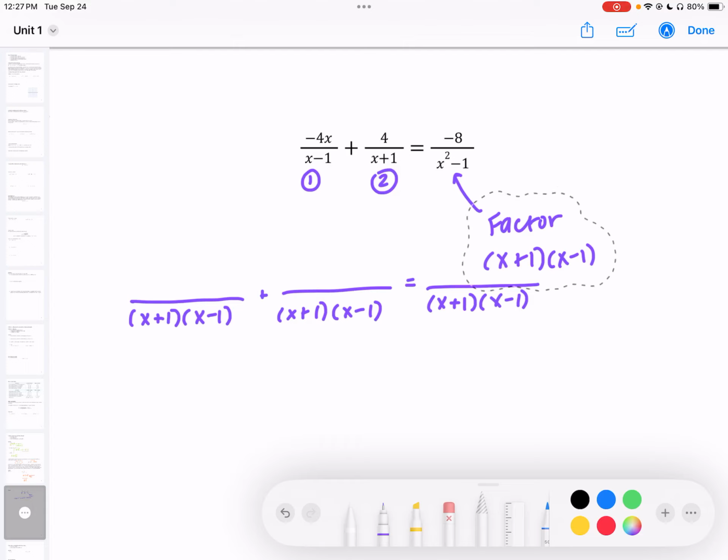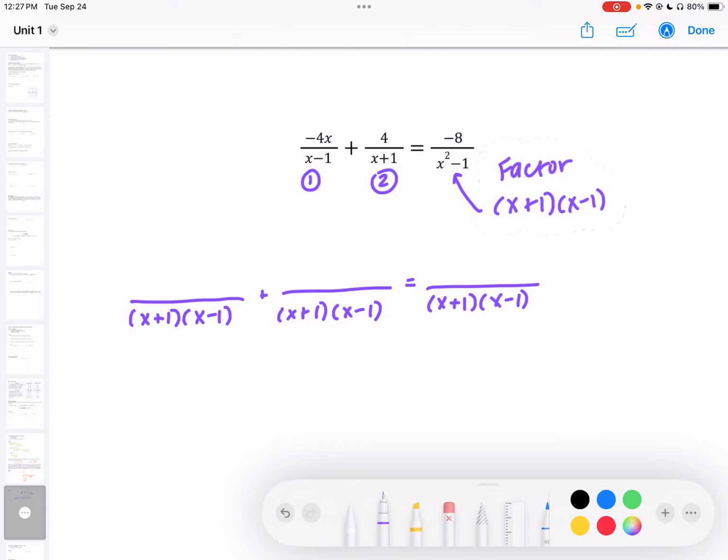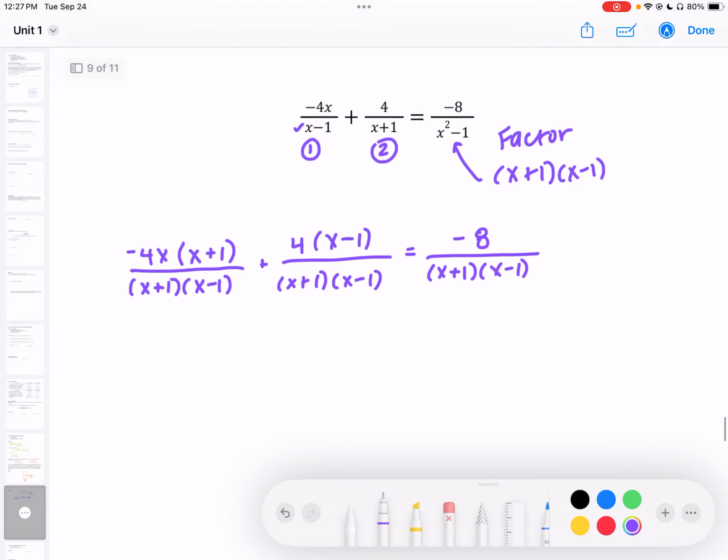Let me move that over. There we go. So I'm just going to go ahead and bring down that negative 8. The other ones, however, are missing something. So this one has the x minus 1, but it's missing x plus 1. The second one is missing x minus 1. Now that these match, we can say goodbye and just solve the numerator on its own.